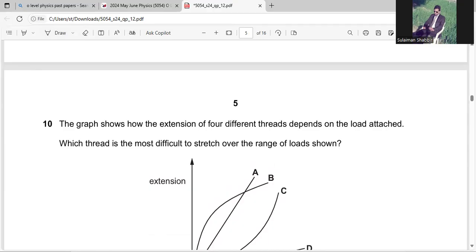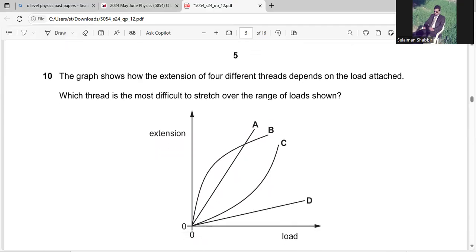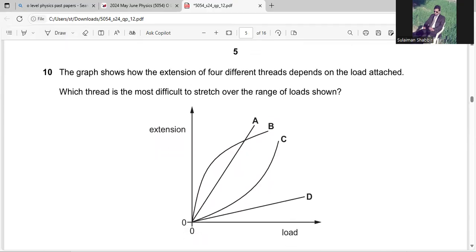The graph shows how the extension of four different threads depends on the load attached. Which thread is the most difficult to stretch over the range of loads shown? Difficult to stretch means the extension should be minimum as the load increases. If I look at option D, the extension reaches only up to this level, even though the load is much increased.